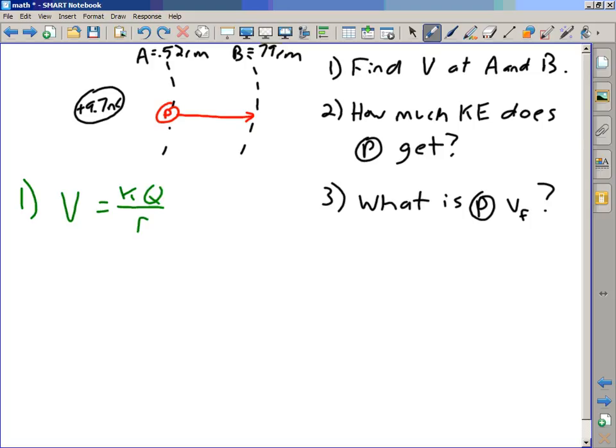So voltage at A will equal k, which is 8.99 times 10 to the 9th, times Q, 9.7 times 10 to the negative 9. Why negative 9? Nano, good.